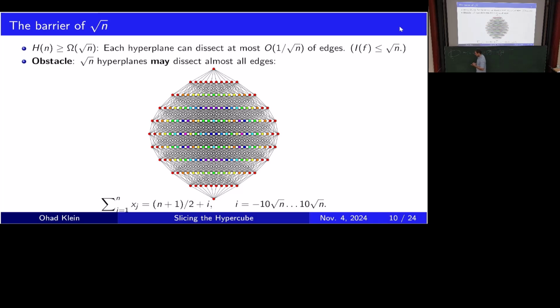So if you want to claim that there exists some edge when almost all edges are in hyperplanes, it is hard. So I want to explain this. So let's look at the hypercube.